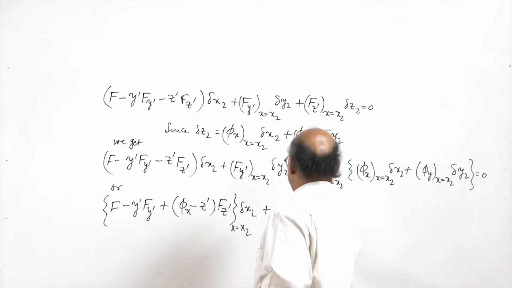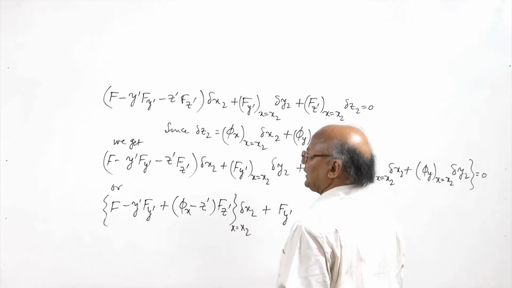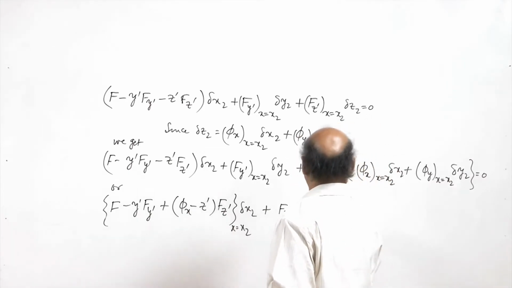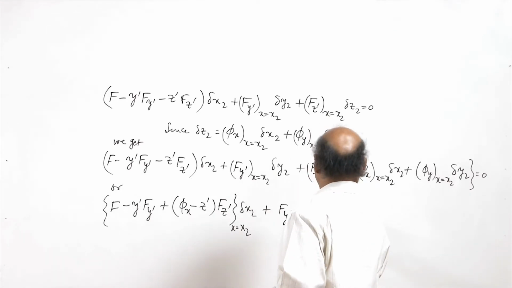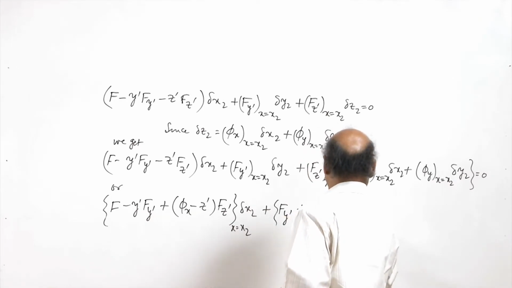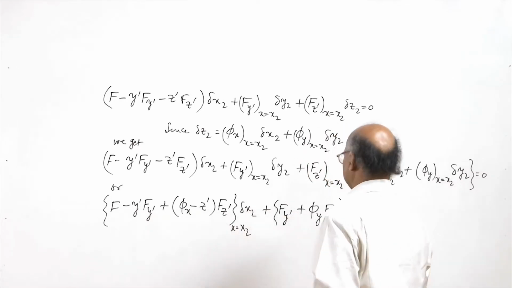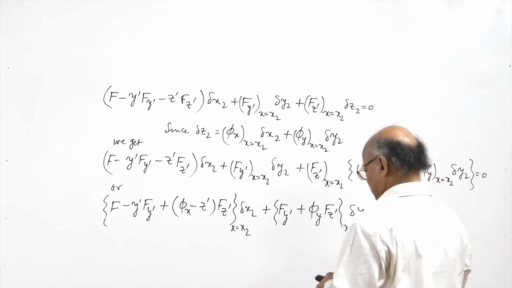So, we write f y dash plus phi y f z dash at x equal to x2 delta y2 equal to 0.